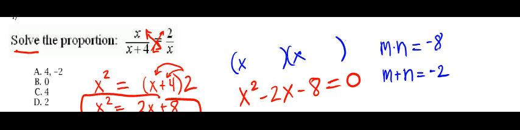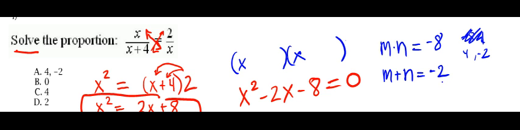So I need some numbers to multiply to give me negative 8. And remember, pay attention to signs, because if you don't, you'll get it wrong. The signs are super important. One way to get negative 8 is negative 8 times 1. Well, adding those together is not going to give me negative 2, so I'm just going to throw that out the window. How about 4 times negative 2? When I multiply them, I do get negative 8. Awesome.